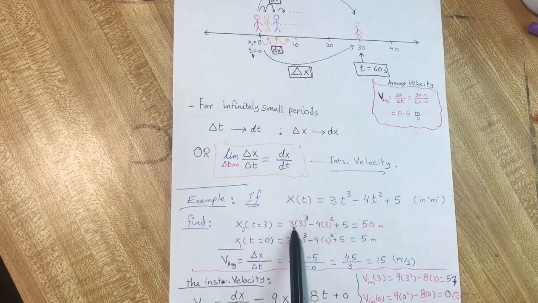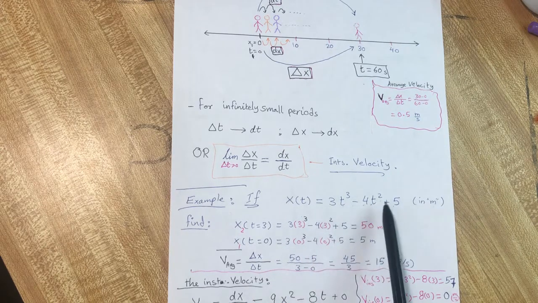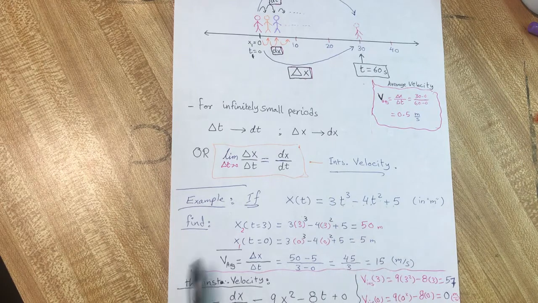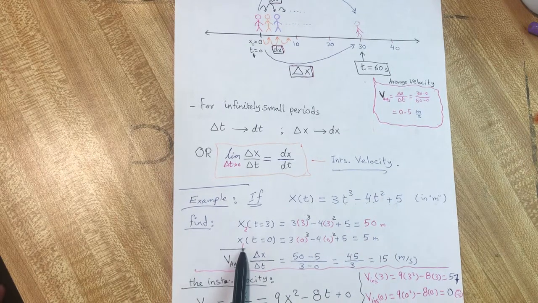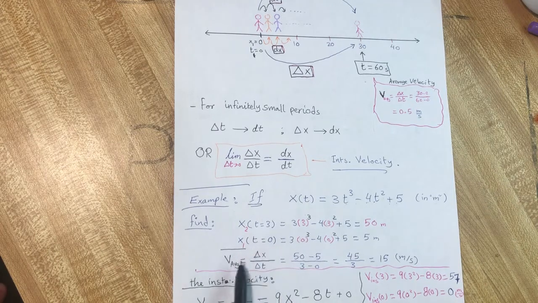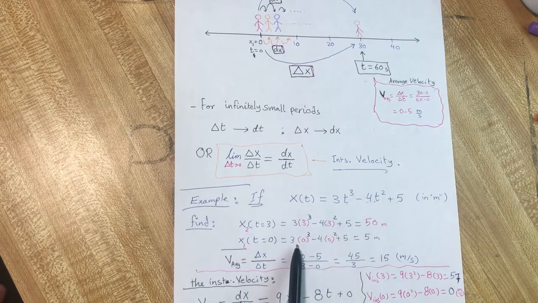It will be 3 multiplied by 3 cubed minus 4 times 3 squared plus 5. It will be 50 meters. What about x initially, which I name x1, at t equal to 0? I just put 0 in place of t. It will be 0 minus 0 plus 5.